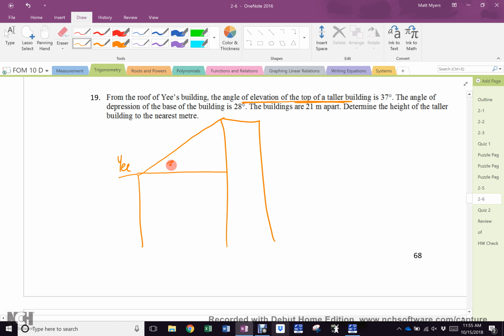Up is 37. Down, angle of depression to the base of the building. It tells you how to do it, is 28. The buildings are 21 meters apart. How tall is the big building? Well, there's that part of the big building, which is X, and there's that part, which is Y. To find the height of this, I am going to need to add X plus Y, aren't I?